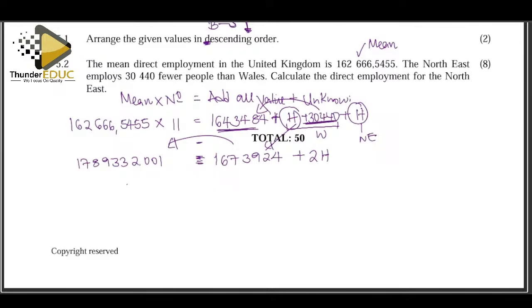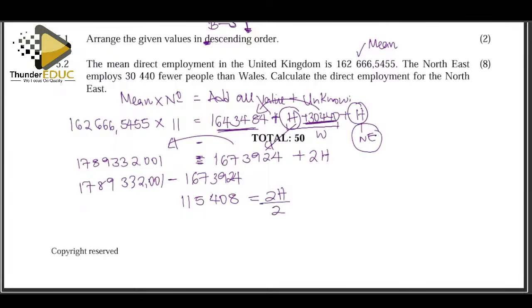So when you subtract there, let me show you, it becomes this much minus 167,3924 115,408 equals 2H, but we are only looking for H. H is representing the northeast.